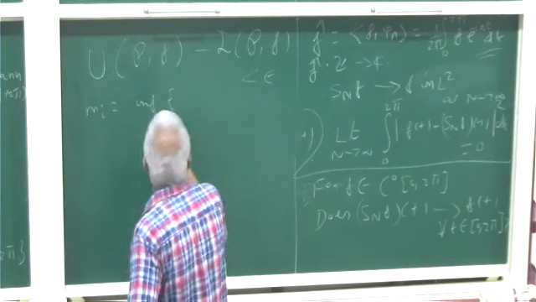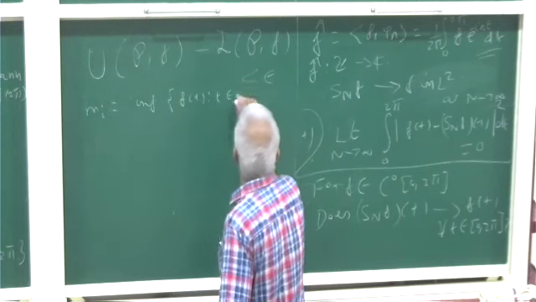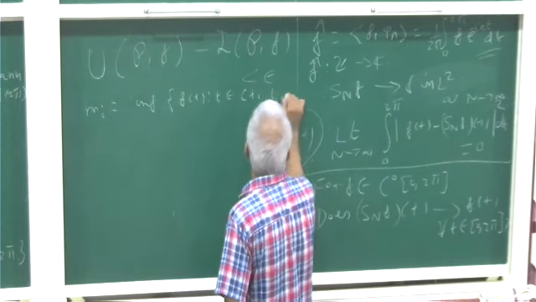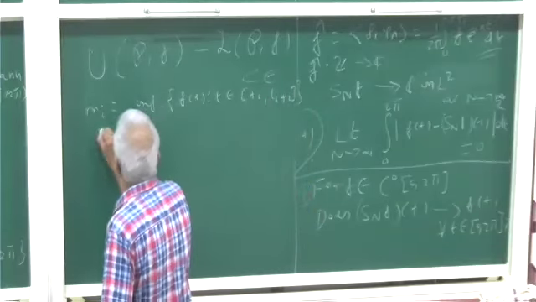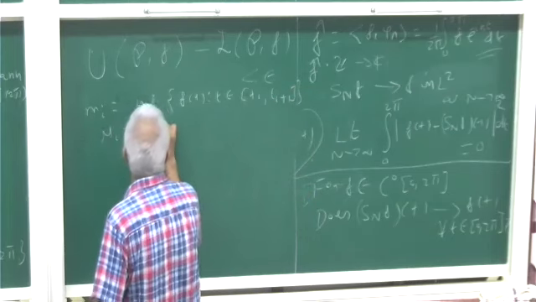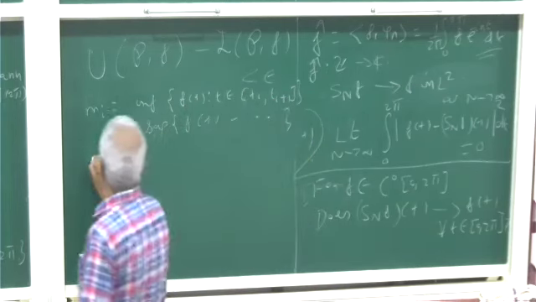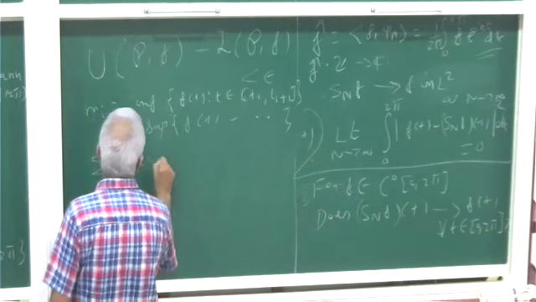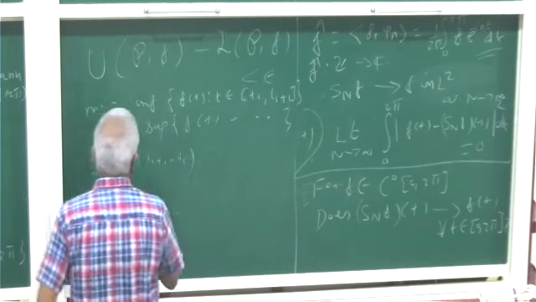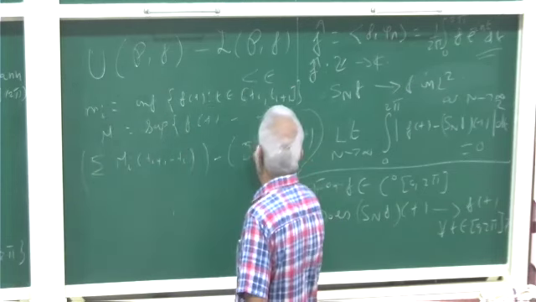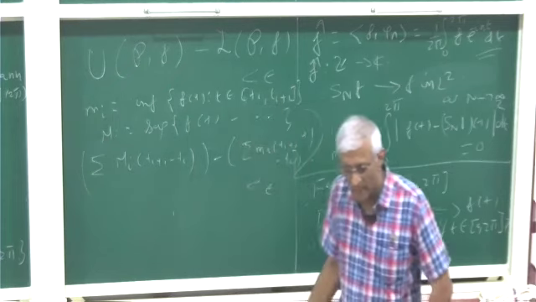Capital Mi minus small mi times the interval length ti plus 1 minus ti.